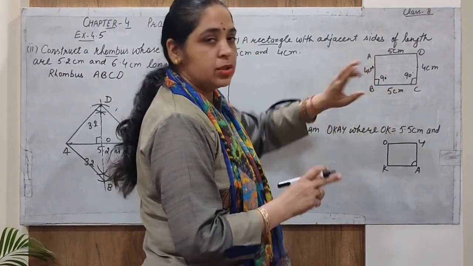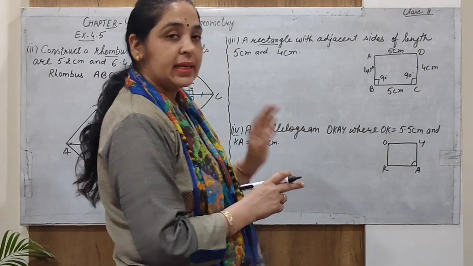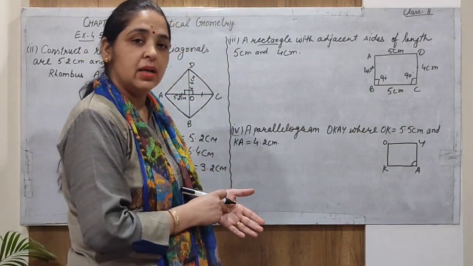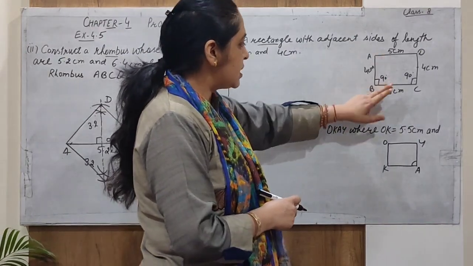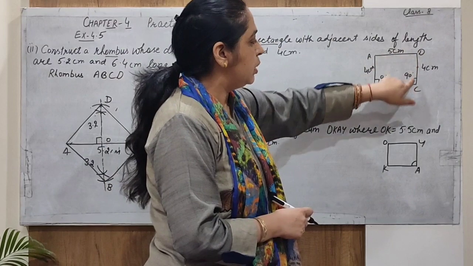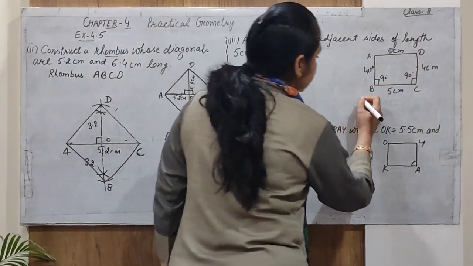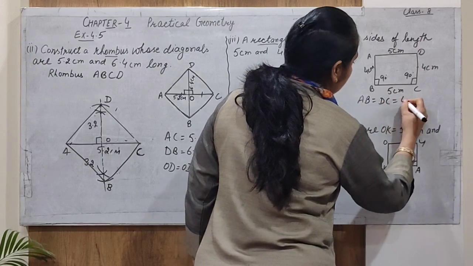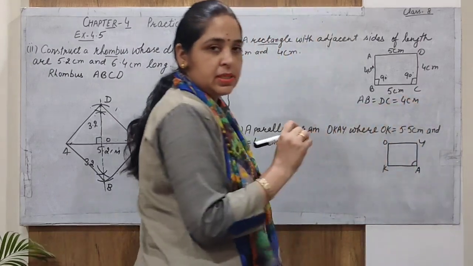Length and breadth, two sides are given, but in a rectangle there is a property that opposite sides are equal. So when opposite sides are equal, then AB is equal to DC. So we can select AB equal to DC equal to 4 centimeter.